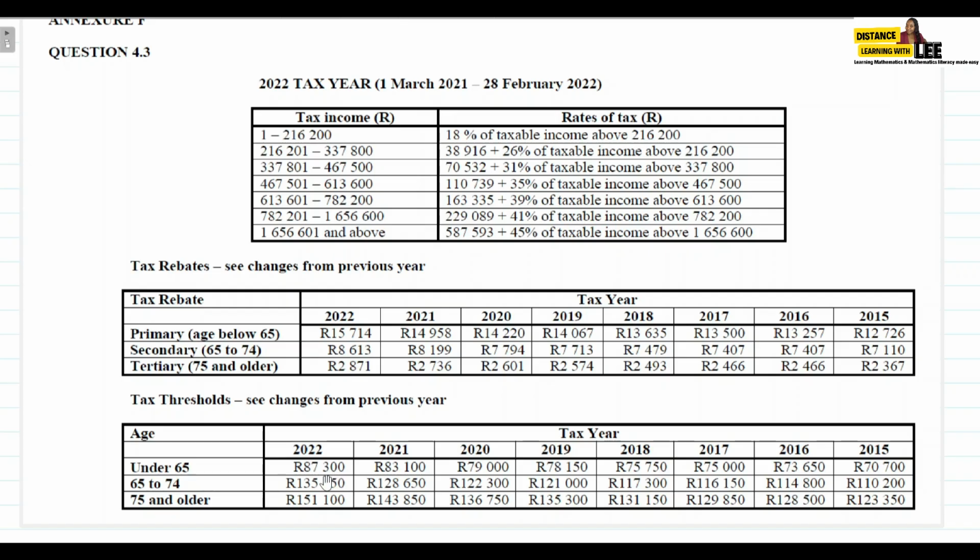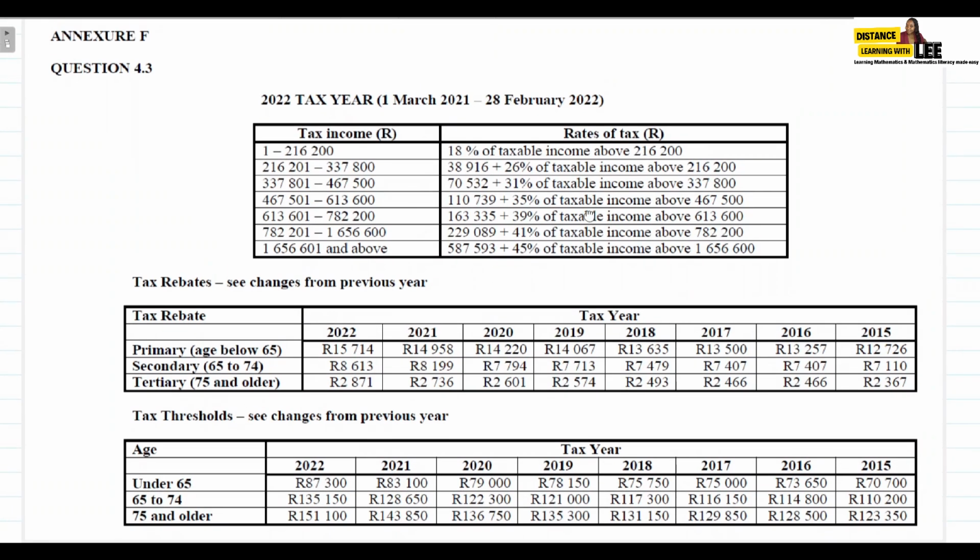But if you earn an amount that is below 87,300, that basically means that you don't have to pay tax. Okay, so a tax threshold is an amount you can earn without paying tax, right? So I hope that makes sense.